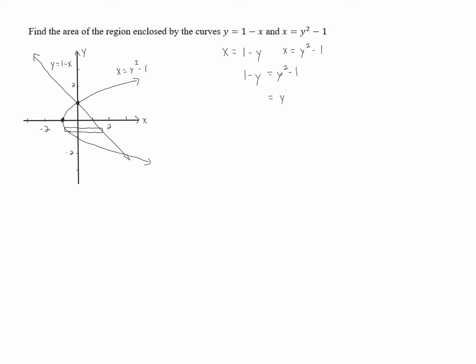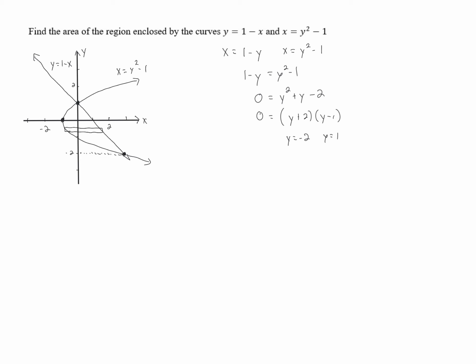So this is going to be y squared plus y minus 2 on the right equals 0 on the left. We can factor this out. That's going to be y plus 2 and y minus 1. And that means that our two y values here are going to be negative 2 and positive 1. And that matches what we can see here, negative 2 and positive 1.